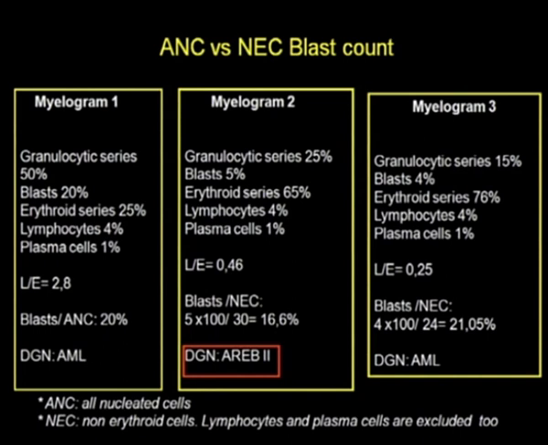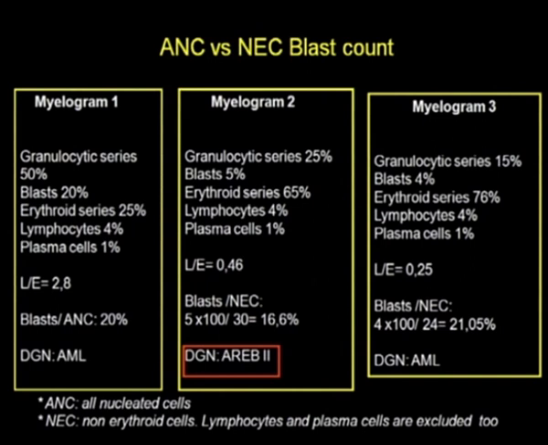In the first one, we have a granulocytic series of 50%, blast percentage 20%, erythroid 25, 4 lymphocyte, 1 plasma cell. At the end of the story, we have a leukoerythroid ratio 2.8. So, for the diagnosis, we use the percentage obtained in the myelogram, so it is 20%, we are in the context of acute myeloid leukemia.